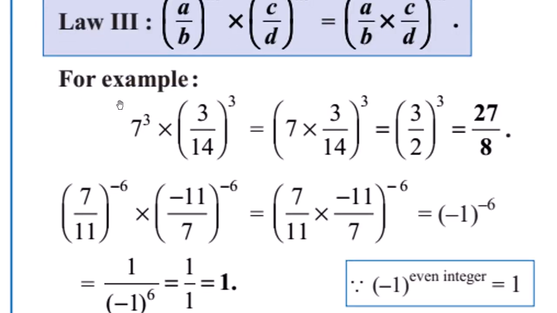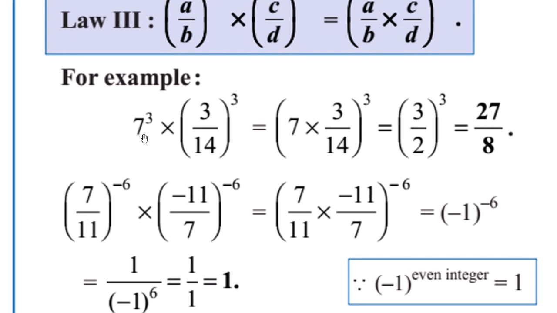Suppose, for example, we have a question like this: 7 cube into (3/14) whole cube. For the first term we have cube, and for the second one also we have cube. Two times we are having the same power but different bases. We can do the product of bases, 7 into 3 by 14 whole cube.